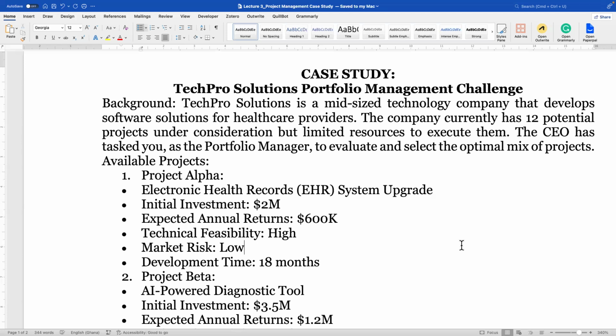Okay, you should calculate it. How long will it take for us to recoup our investment of 2 million? I won't teach it. 2 million divided by 600,000. Okay, so how long will that be?